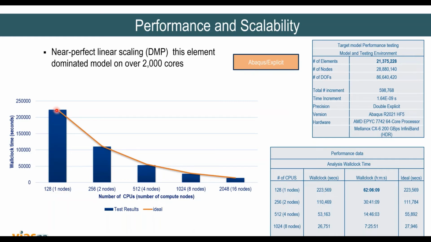As we increase the number of nodes or cores, you see nearly linear scaling, and this is done in DMP. So you can use thousands of cores and still get good performance enhancement. This is specific to Abaqus Explicit.